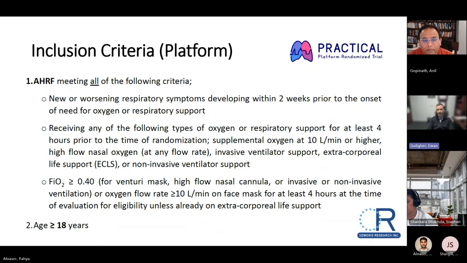And the minimum oxygen requirement to meet our definition is that the FiO2 is at least 0.4 and the oxygen flow rate is at least 10 liters per minute for at least 4 hours. We're studying adults, so the age restriction is greater than or equal to 18 years.